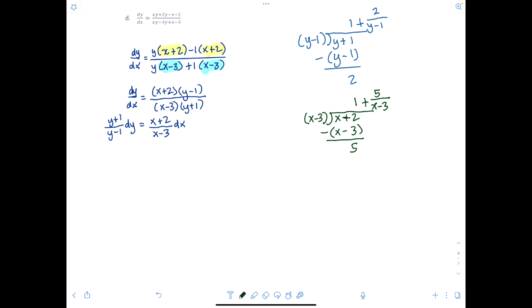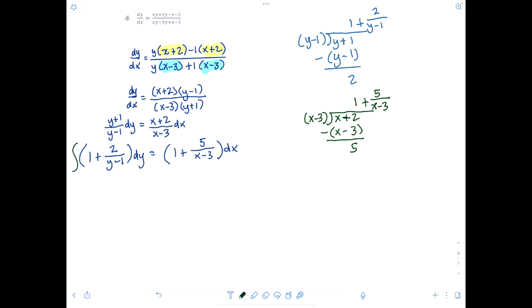So on the right-hand side, I'll do the left-hand side first. On the left-hand side, I'll have the quantity 1 plus 2 over y minus 1, all of this times dy, equals the quantity 1 plus 5 over x minus 3 dx.